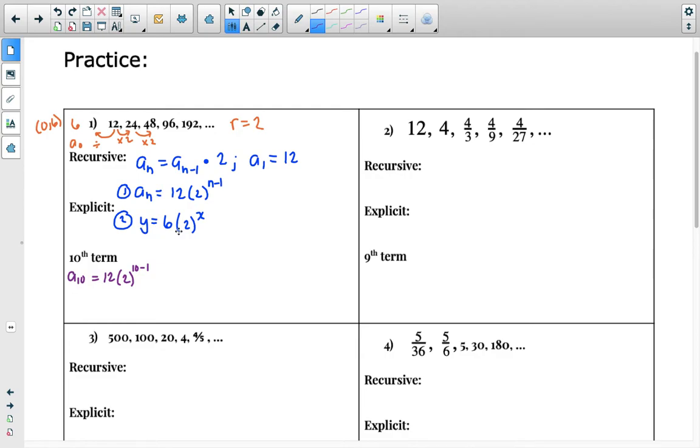And for the other explicit, we would have y equals 6 times 2 raised to the 10. Both of these will give us a sub 10 equals 6,144. This works because 10 minus 1 is 9, so this will be 2 raised to the 9th, and then you multiply by 12.